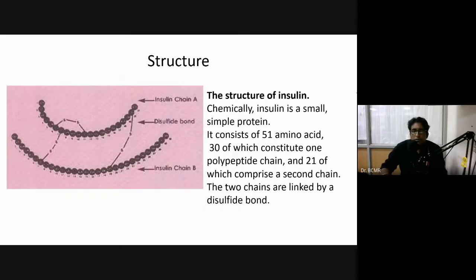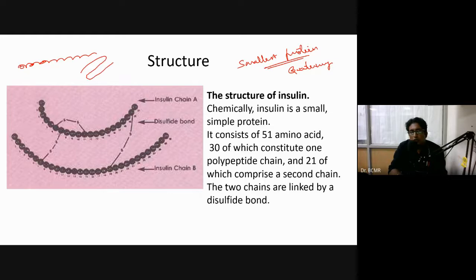Insulin is one of the smallest proteins. When I say smallest protein, what I mean is that it has a quaternary structure. What is a quaternary structure? The sequence of amino acids is the primary structure.